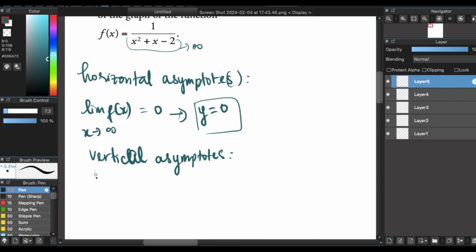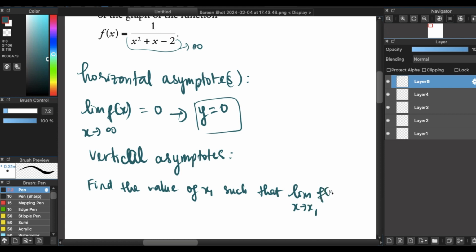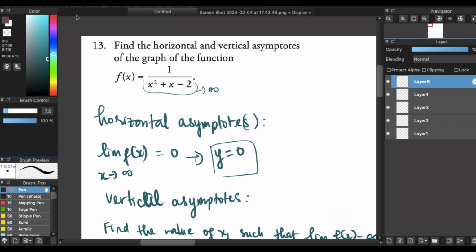We have to find the value of x1 such that the limit as x approaches x1 is infinity, right? And if the function is reaching infinity, then the denominator is reaching 0.